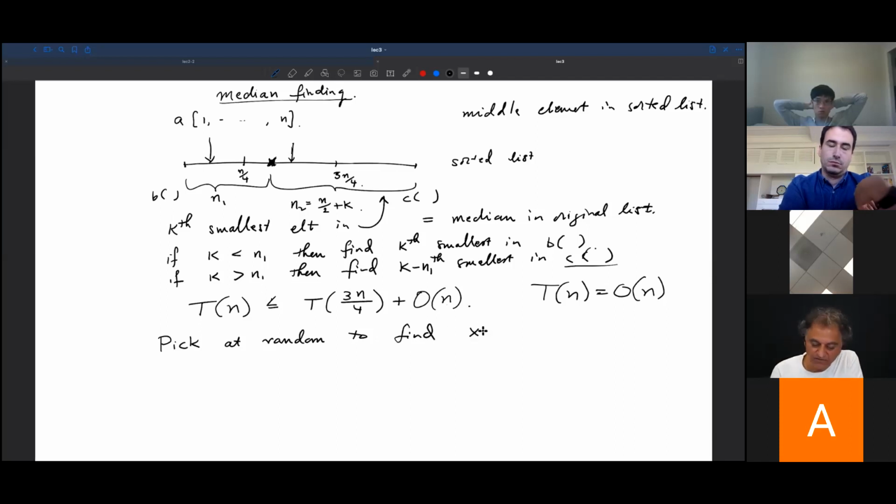To find this special element, we just pick an element at random. And since we are looking for something between n over 4 and 3n over 4, half the elements will lead to success and half to failure. So we have a 50-50 chance of picking something in there.